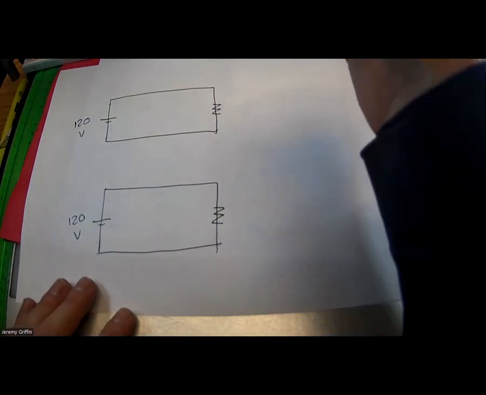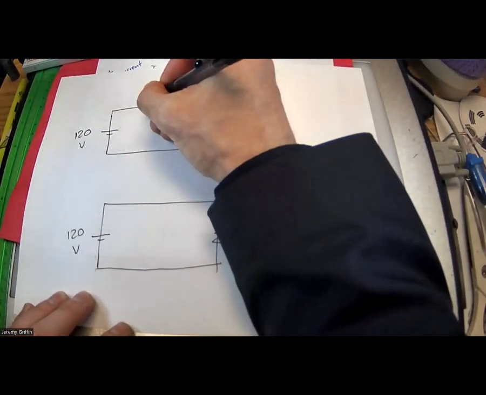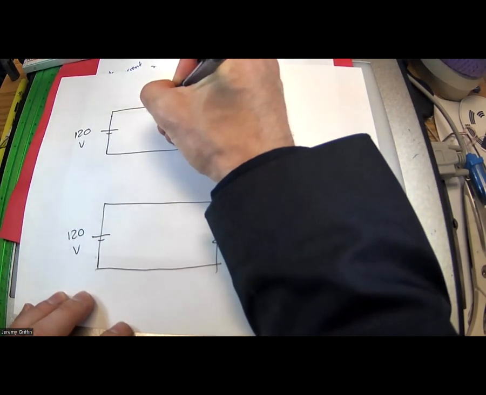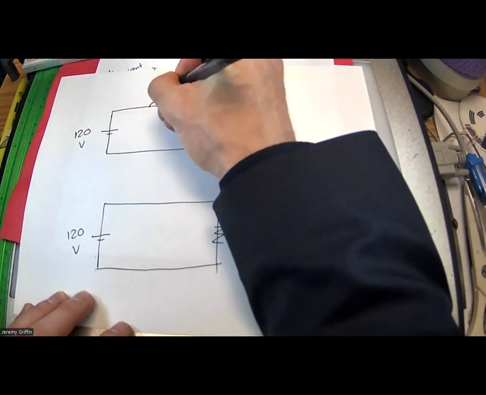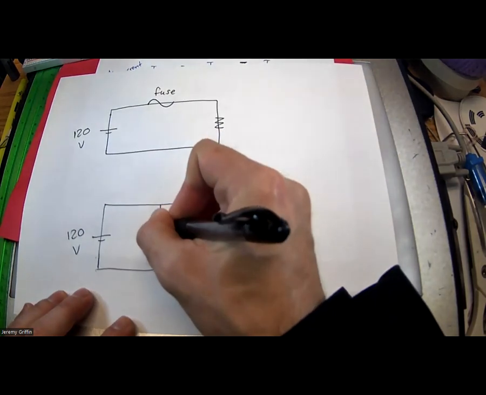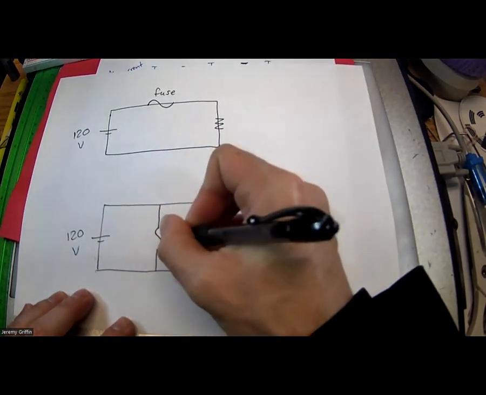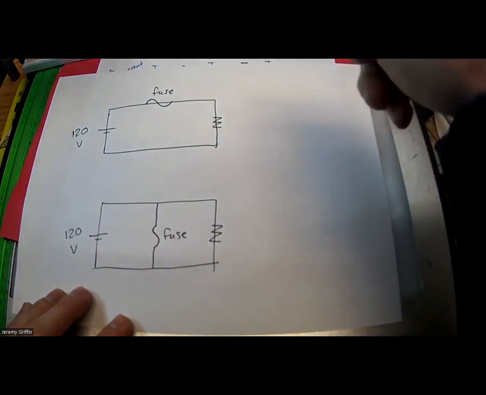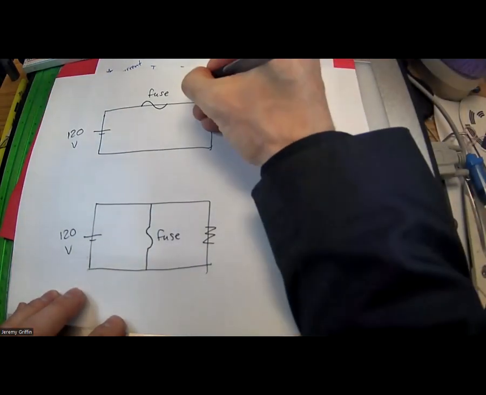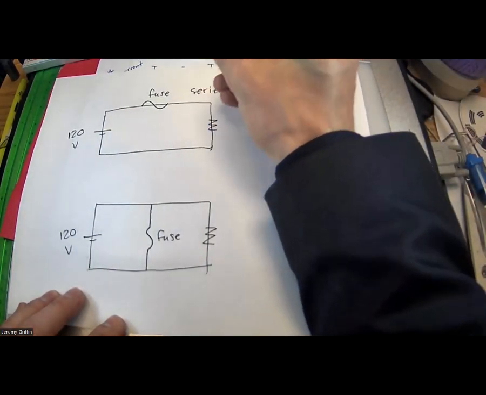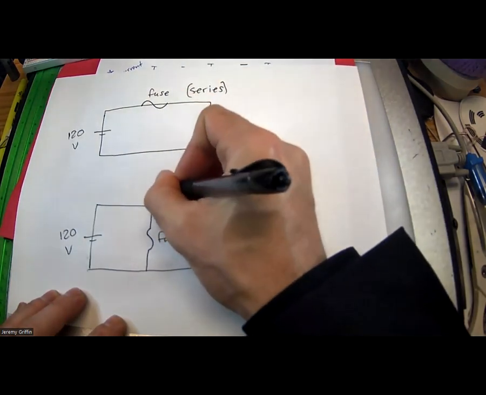And then I need to insert a fuse. Here's a symbol for a fuse, looks like this. Could do that, or I could do that. So this top one would be in series. This bottom one is inserted in parallel.